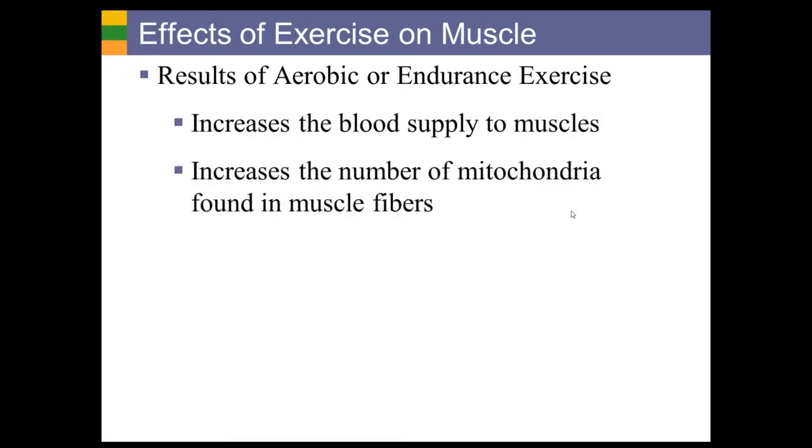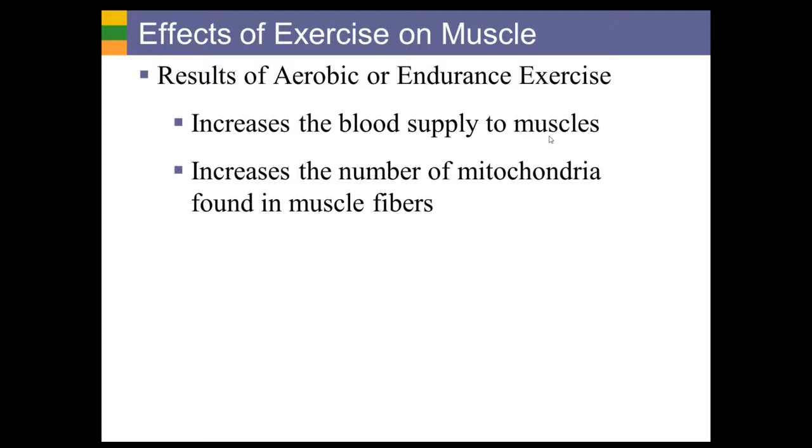First, literally new capillaries grow toward your skeletal muscles. So this increases the blood supply to your skeletal muscles. And of course, that's going to result in an increased supply of oxygen. So now we've got more oxygen being delivered to your skeletal muscles.